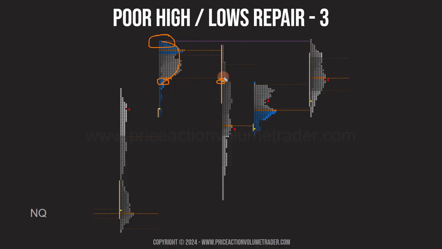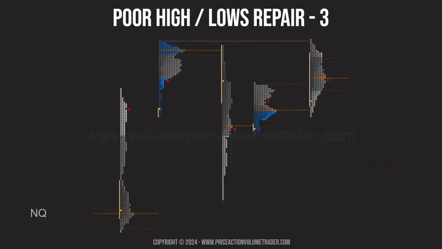Next regular session, we almost repaired it, but it failed. But then on the next trading day, we actually got a pretty balanced profile with a very wide opening range. The upper extreme of this session profile was a repair of these levels, and then the market just ended up balancing for the day.